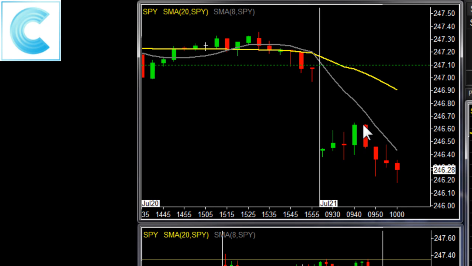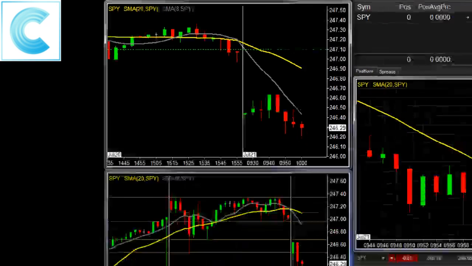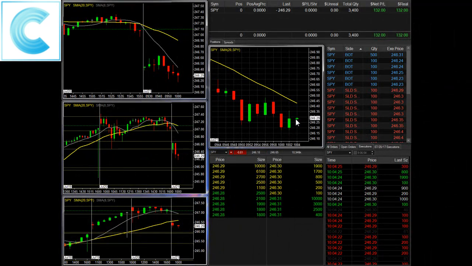Nonetheless, the high of the day, I suspect, may have been established already, so I'm still a little bit bearish on the market as a whole. We'll have to see what happens with this bar over here. If we get some form of indication that this is going to go higher, hopefully it does not go any higher than the high of the day, and we could potentially short it again.